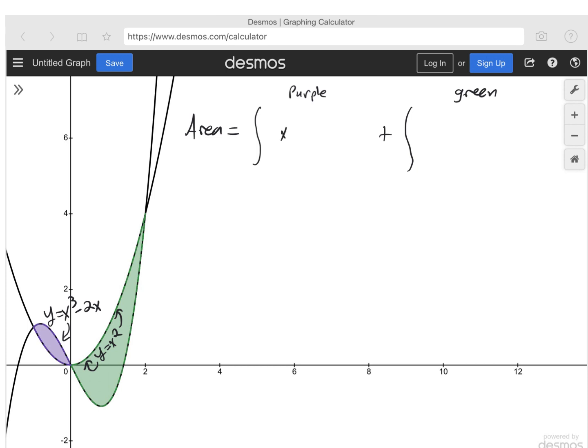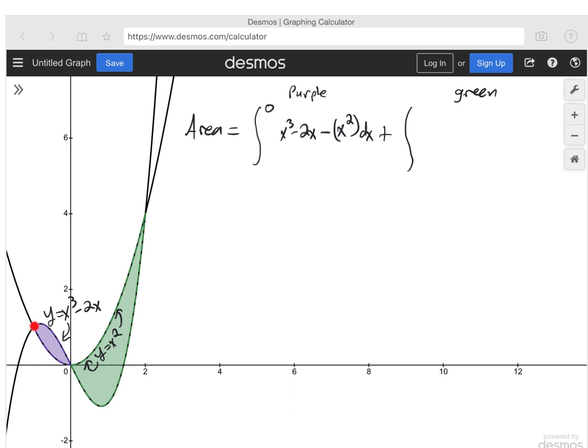Here we notice that x cubed minus 2x is on top, and the bottom function would be x squared, so we'll subtract x squared. When you look at that, the limits of integration, definitely the upper limit of integration is 0. It's pretty clear that 0 is the rightmost x value for the purple region. When you look here, what is this leftmost x value?